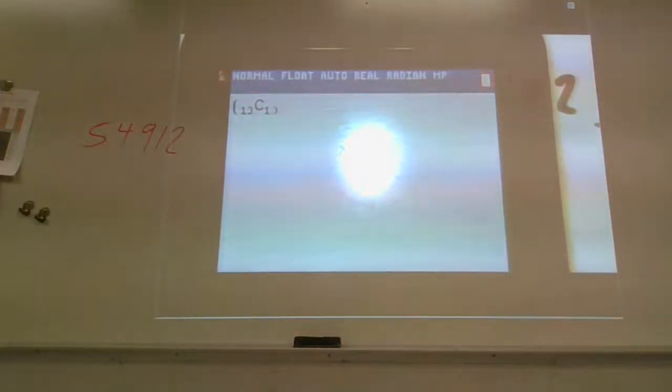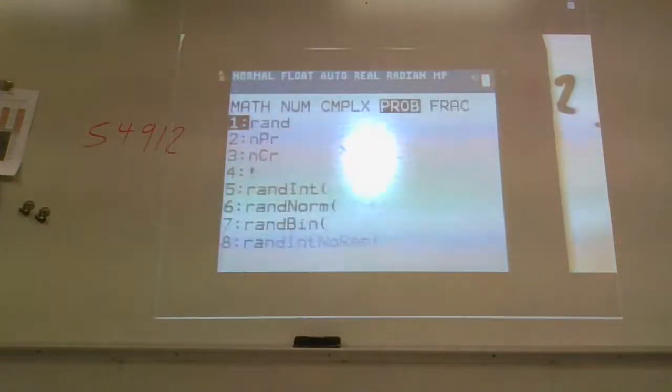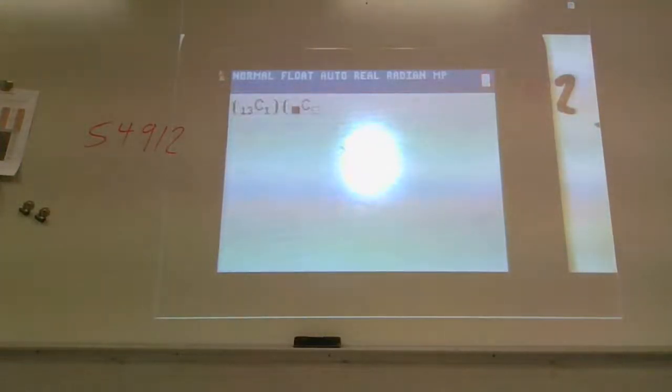Let me just see what happens. If I type it there, no, I definitely don't want that. If I go over to the right and hit that, it closes it, right? And then if I hit the parenthesis, it does that little tiny parenthesis. That's fine for now, because if you go Math, Prob, nCr, it does even out on yours, right?